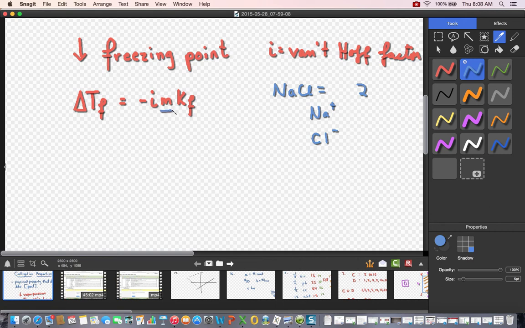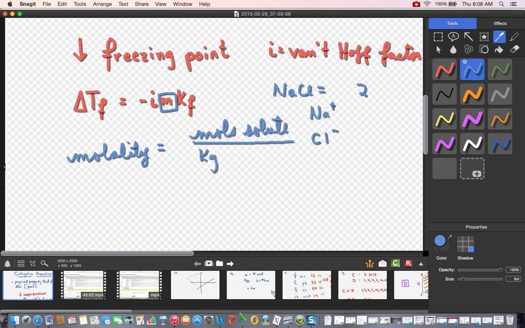Also, the concentration unit is molality. Molality is defined as the moles of solute divided by the kilograms of solvent.